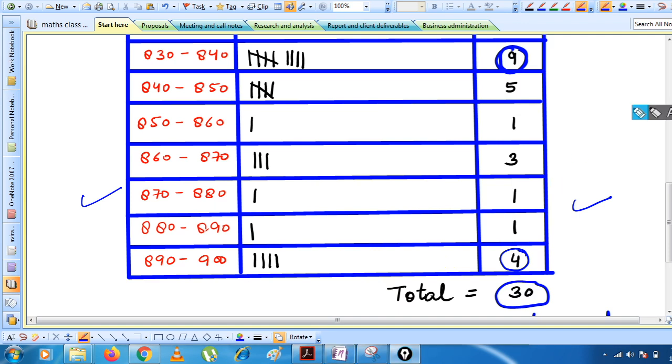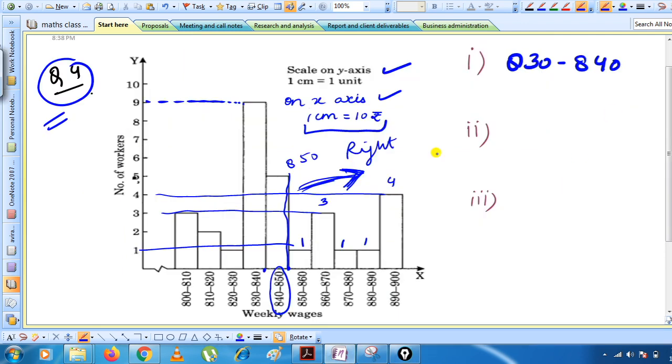For the last class interval we are getting 4 only, so this number will also be 4. So 4 plus 1 is 5, 5 plus 1 is 6, 6 plus 3 is 9, and 9 plus 1 is 10. Only these are the numbers which are more than 850. So 10 will be the number.